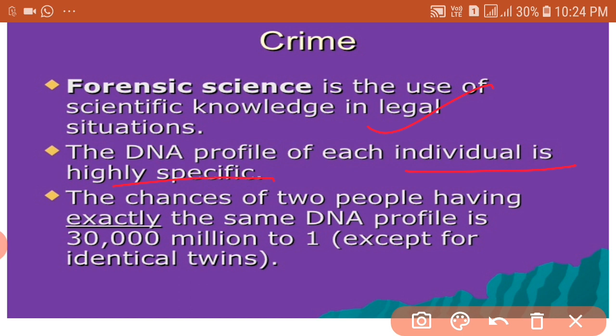The chance of two people having the same DNA profile is 30,000 million to 1, meaning that only one can be the same. That is also only in monozygotic twins.